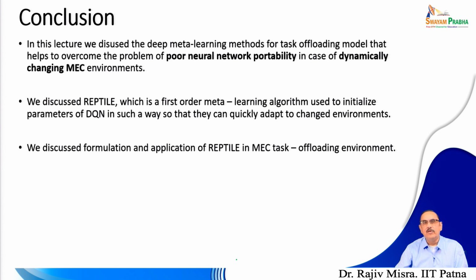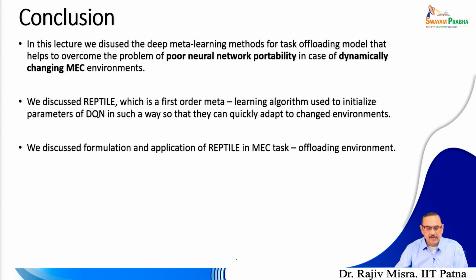So, how are we going to use this to train quickly in the new situation. Deep meta learning methods for the task offloading model help to overcome the problem of poor neural network portability in dynamically changing MEC environments.